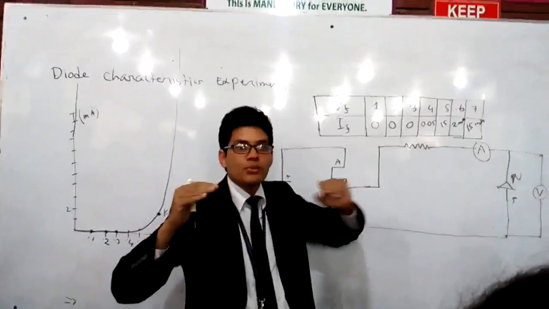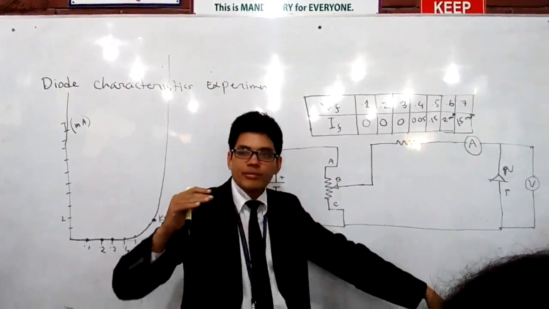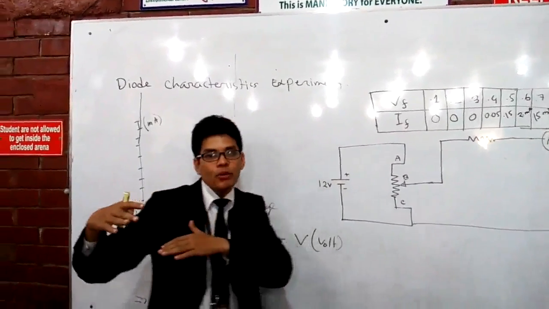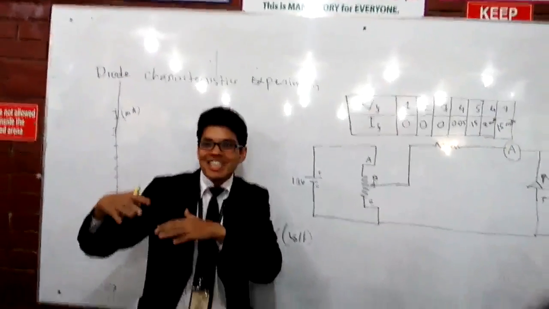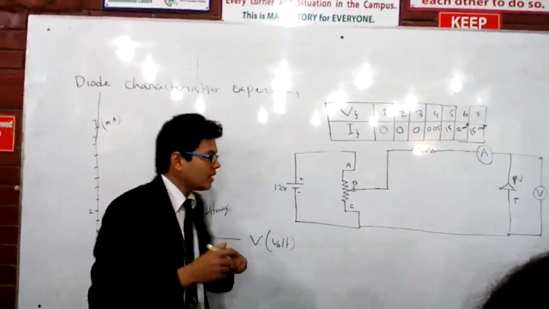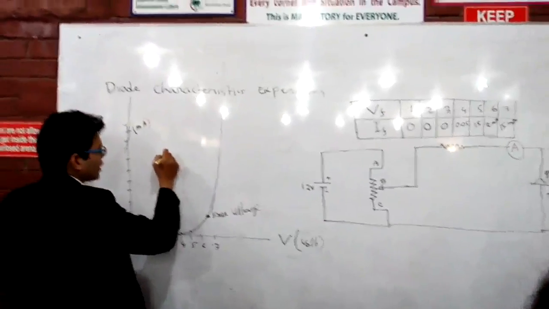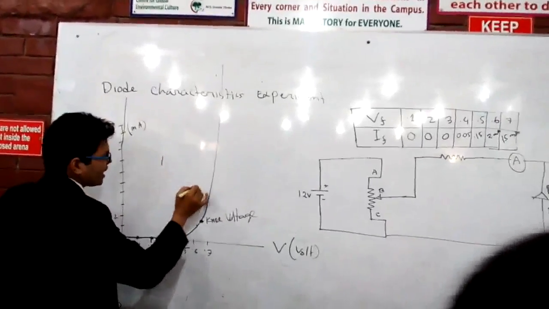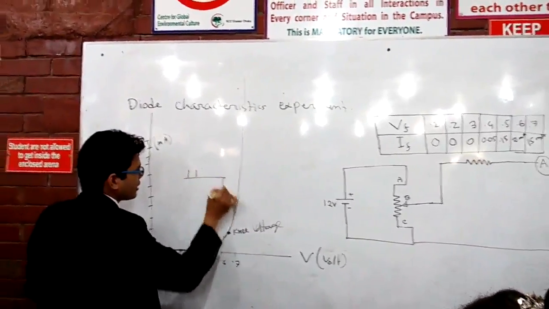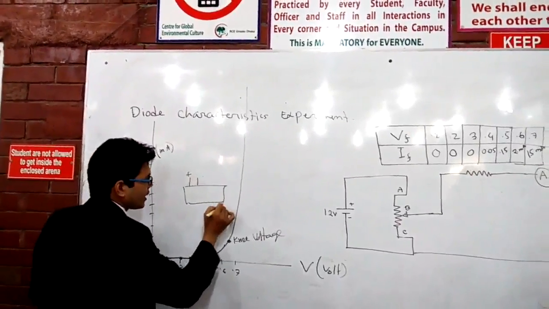So that is why peak inverse voltage matters. If you connect an IC somehow with the opposite polarity, what will happen? Maybe in an IC, the connection is like this. This is the positive, this is the negative, right?